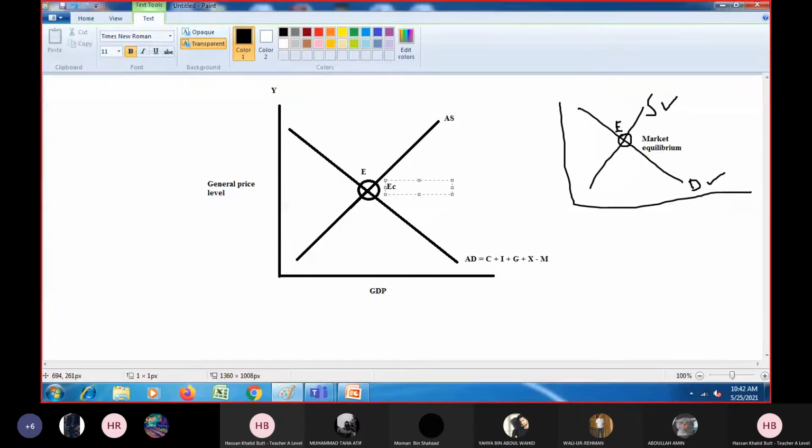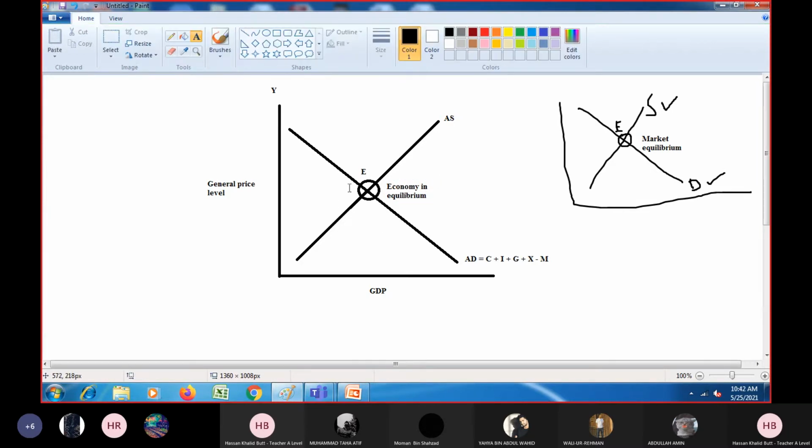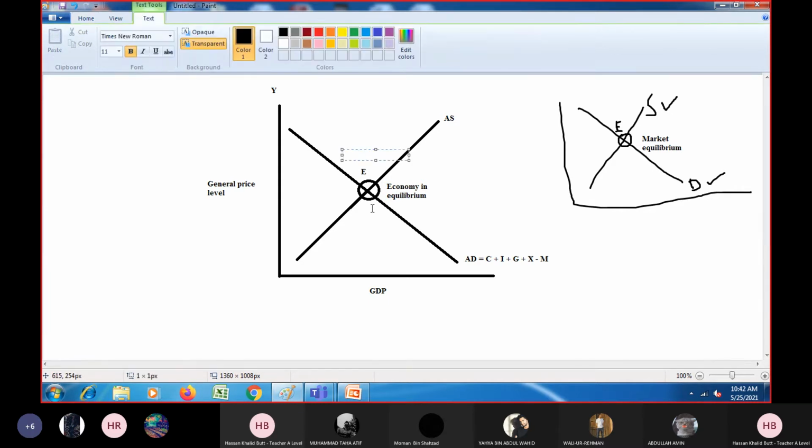economy, the whole economy in equilibrium. Remember, that is the difference between them, because we have to talk about the whole economy because we are studying macroeconomics here. Economy in equilibrium, okay? An economy in equilibrium always occurs when aggregate demand is equal to aggregate supply.